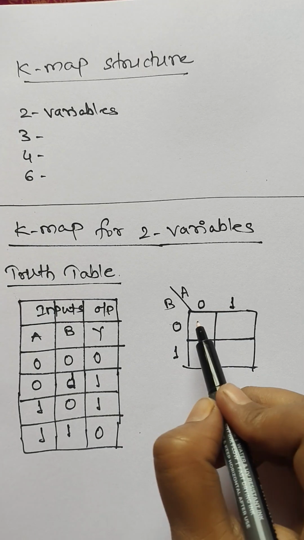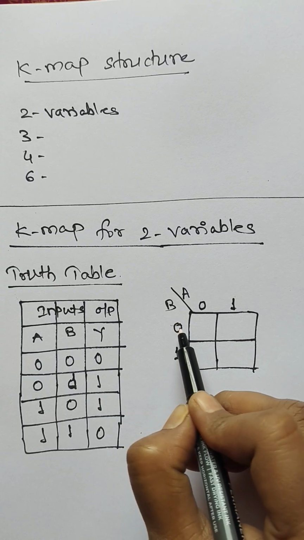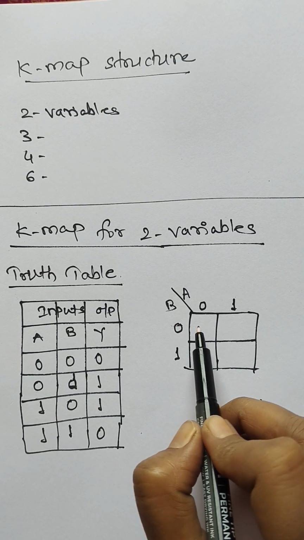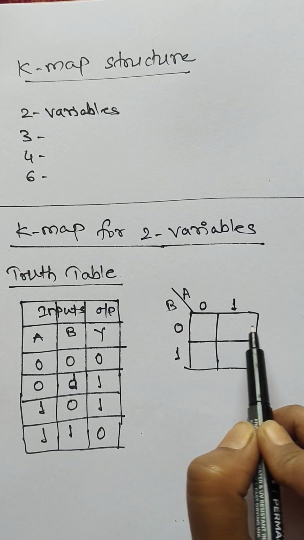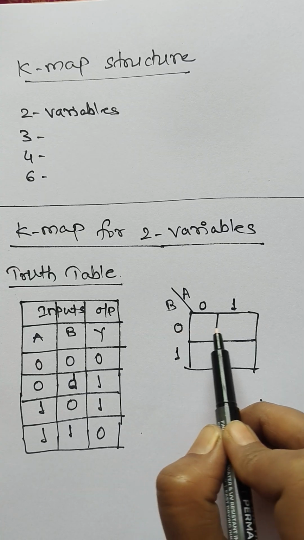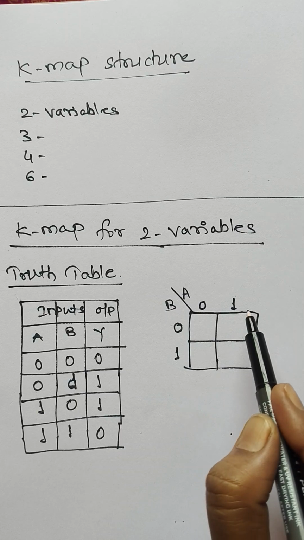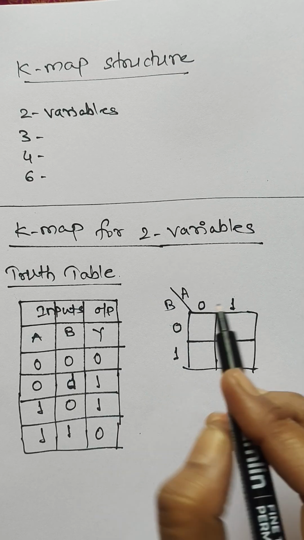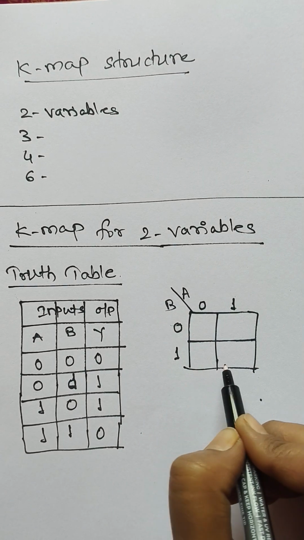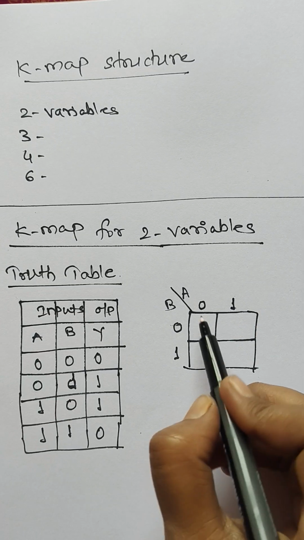This is called the first row, this is the second row, this is the first column, this is the second column, and these boxes are called cells.